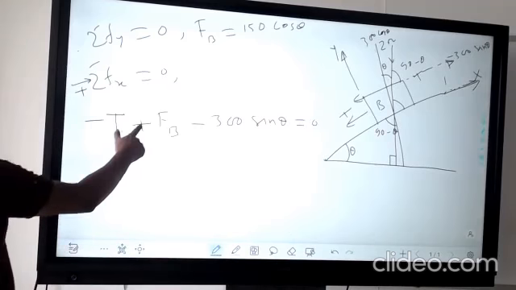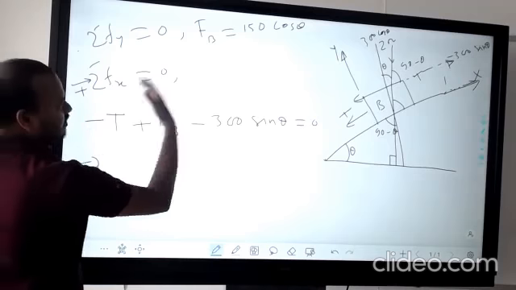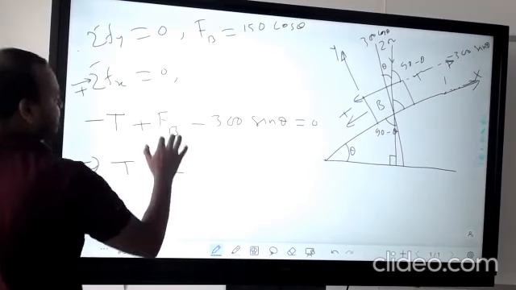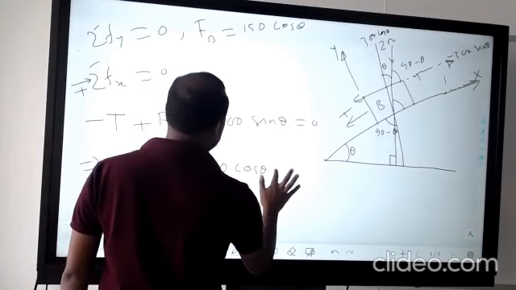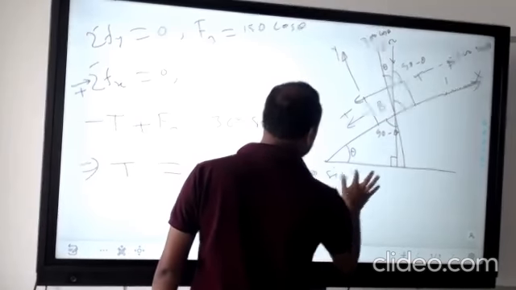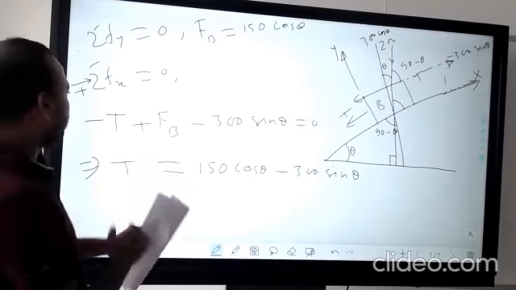FB is already calculated. T we don't know. So t is equal to FB, FB is 150 cos theta, minus 300 sin theta. No, I'm taking that side.